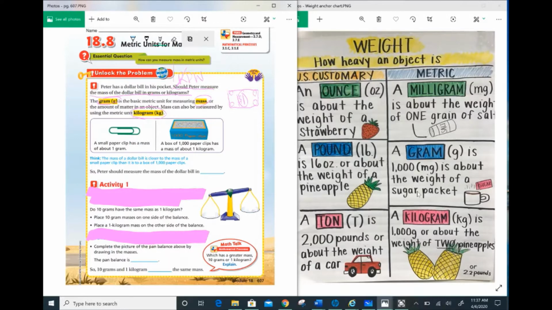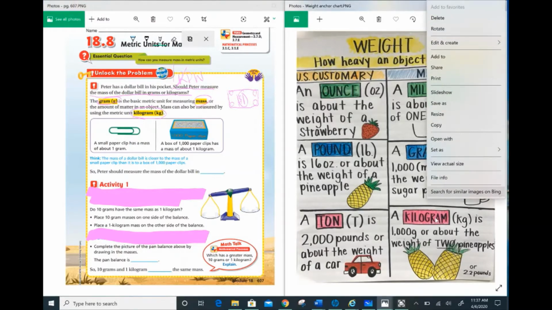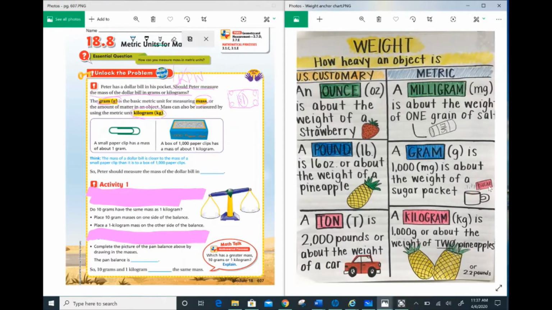It is about the weight of a sugar packet. And over here, it says it's about the weight of a paper clip. So a sugar packet and a paper clip kind of weigh the same thing. And then we have a kilogram. A kilogram is about the weight of 2 pineapples. That would also be equivalent to about the weight of 1,000 paper clips.